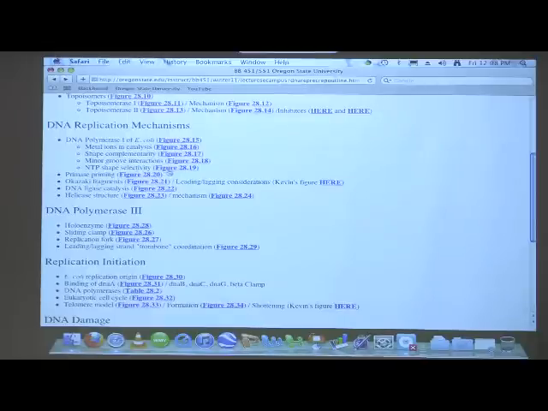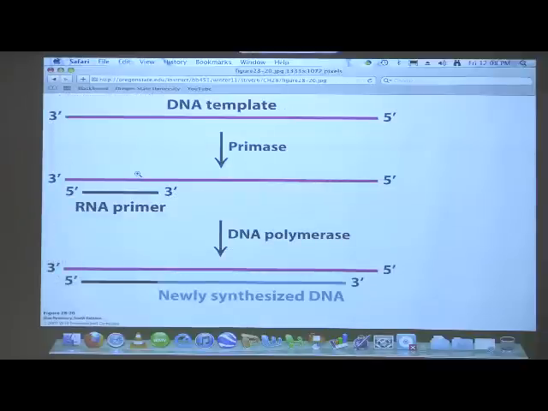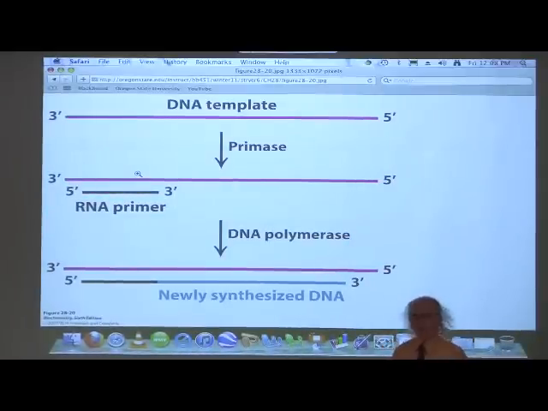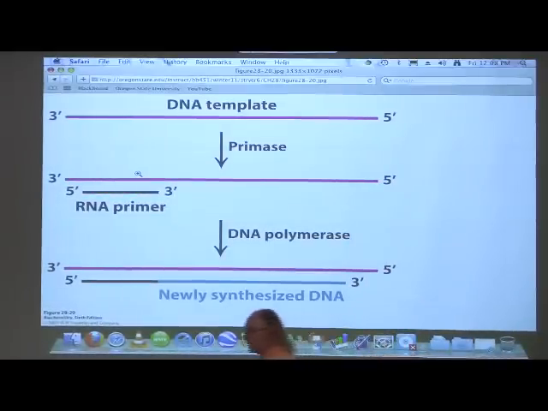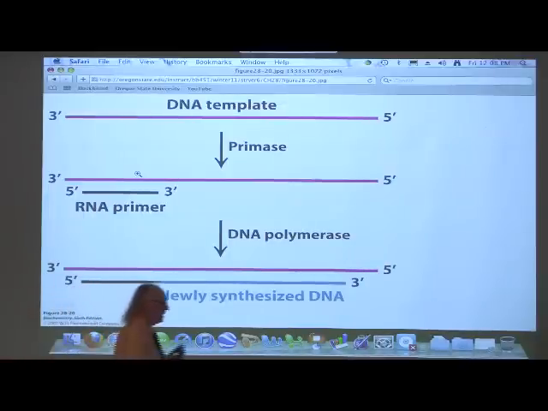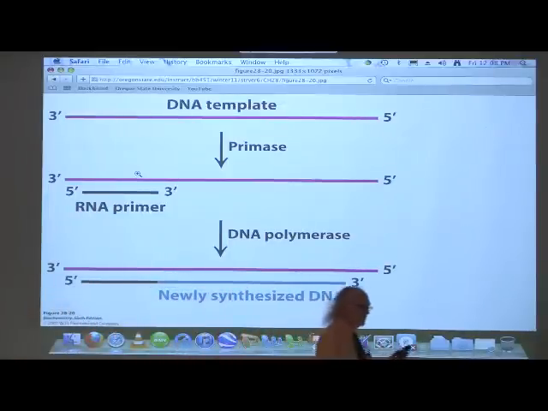The process of replicating DNA involves a variety of factors. One of the factors is another enzyme besides DNA polymerase I. It turns out that DNA polymerases cannot, and here's another always for you, DNA polymerases cannot start replication of a strand where there's not already one there to start with. What does that mean?